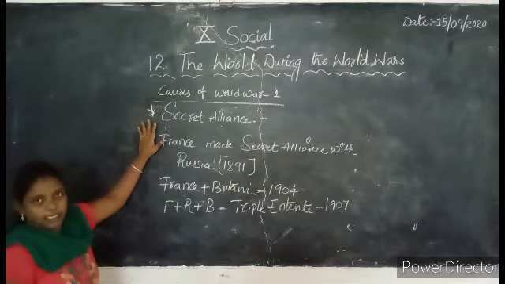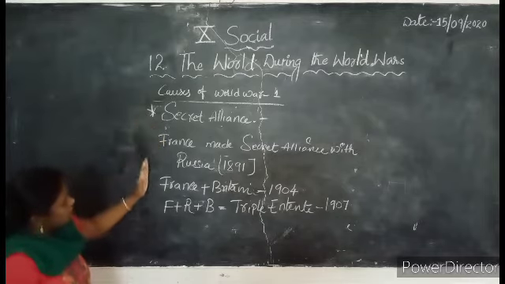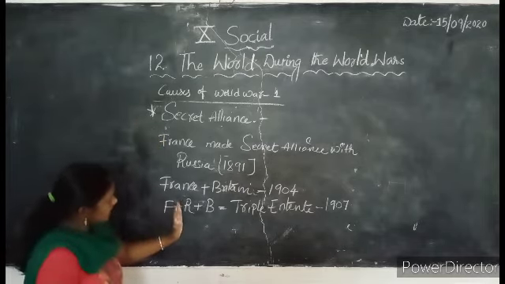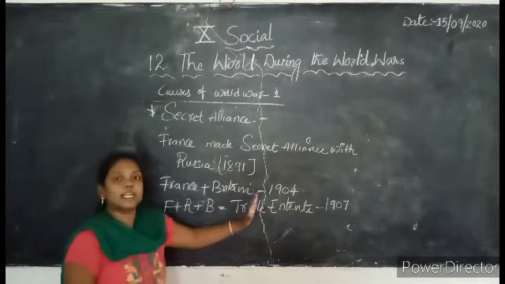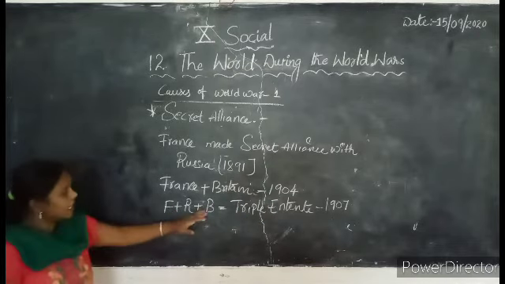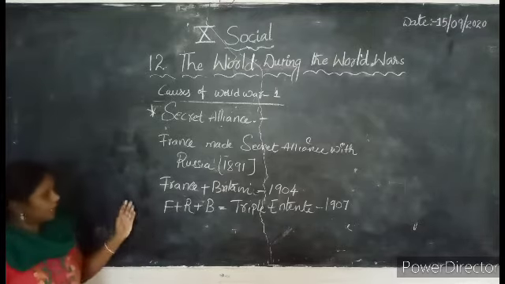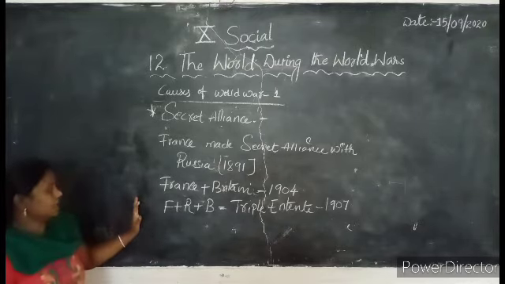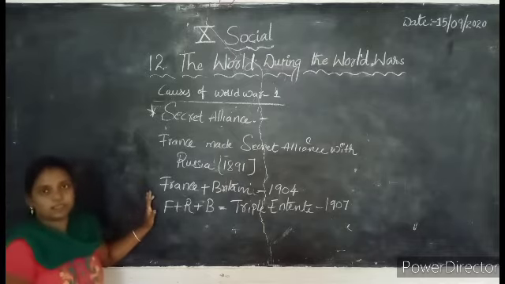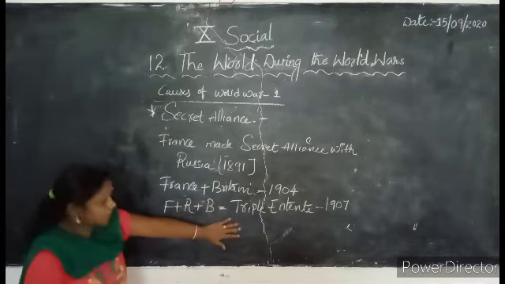So these are the countries that made the secret alliance. France, Russia and Britain were already developed nations. They formed the alliance, but on the other side, it created some jealousy and suspicion among themselves.